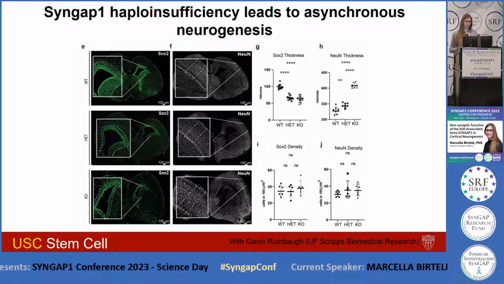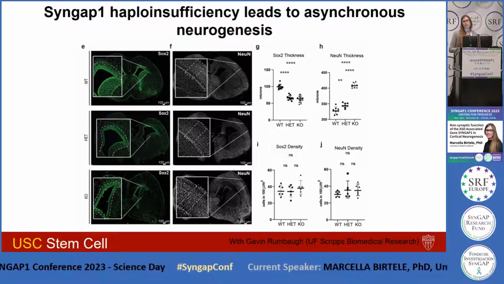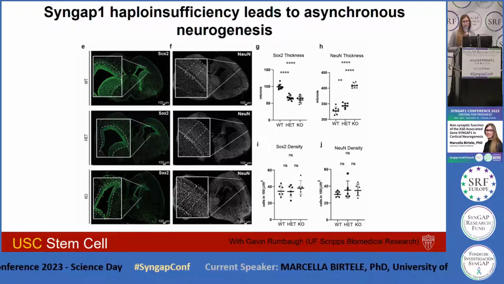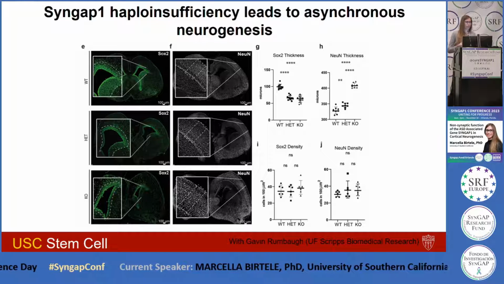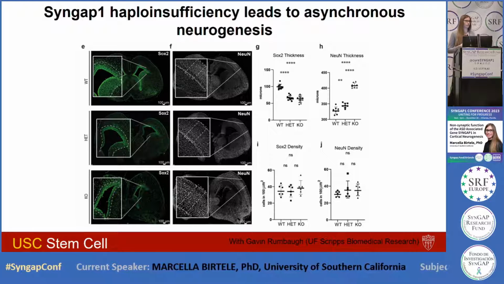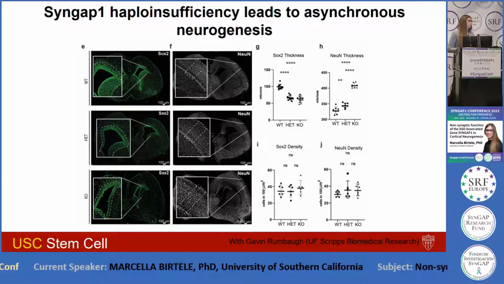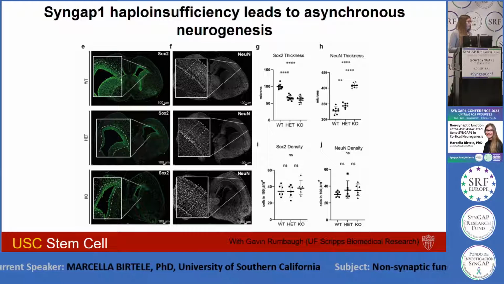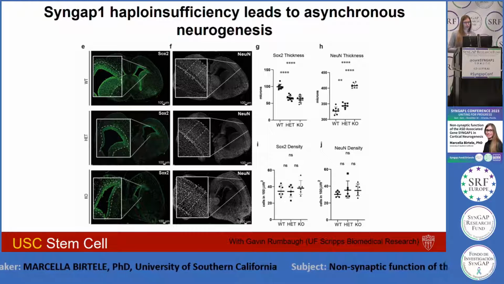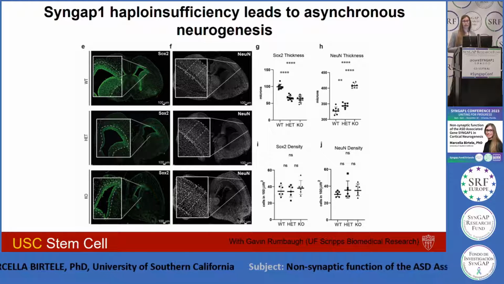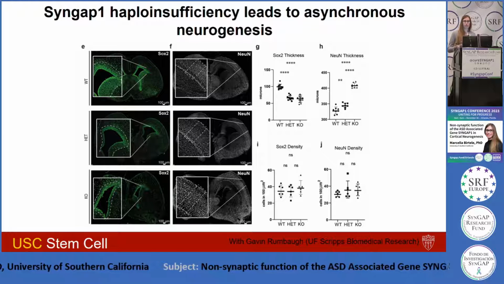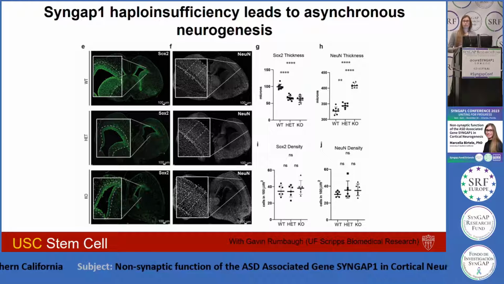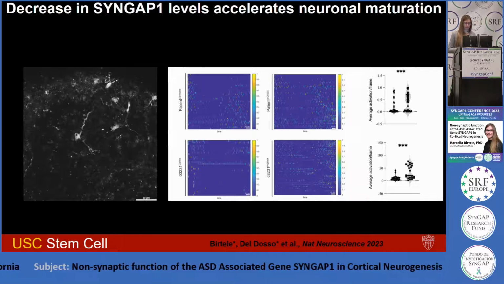And what we saw here was also a striking decrease in the SOX2 positive area, so in the progenitors, coupled with an increase of the neurons. And this also, going back to the previous publication, we also know from the work from Helen that this was seen also in Xenopus. Suggesting that this phenotype and this role of SYNGAP in progenitors is maintained across species.